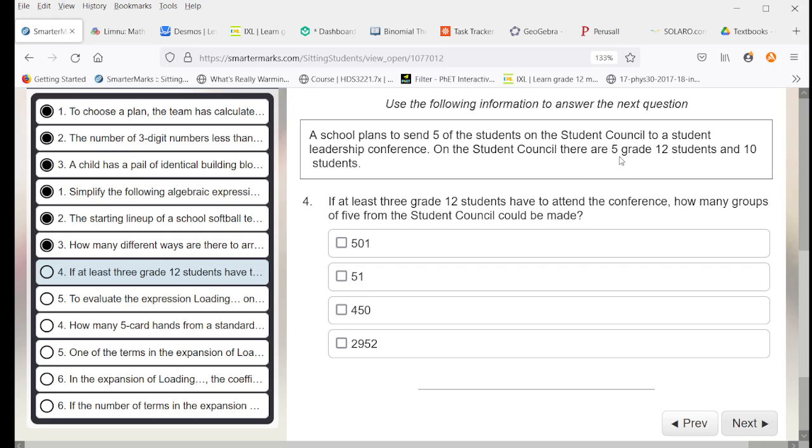So of these 5, we have to choose 3. So 5C3 tells us there's 10 ways to choose the grade 12s. And then we have to choose 2 of the other 5 students. Okay, actually I think with this extra blank, it should be 10 other students.